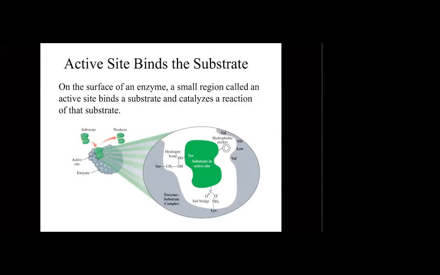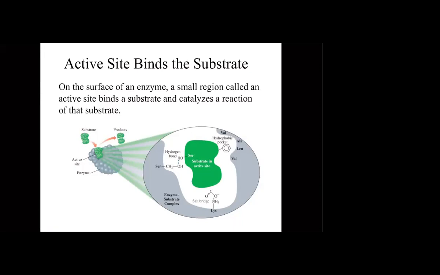The one depicted here only illustrates hydrogen bonds, salt bridges, and even hydrophobic interactions between the substrate and the enzyme active site, but understand that these are not the only ones. This is just illustrating that the side chains of the amino acids are what mostly interact with the substrate in order for the enzyme to catalyze the reaction that it needs to do on the substrate.